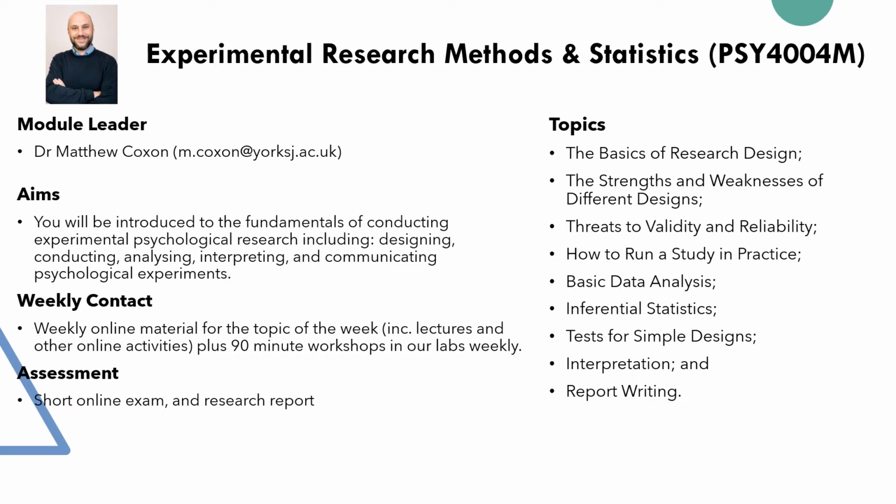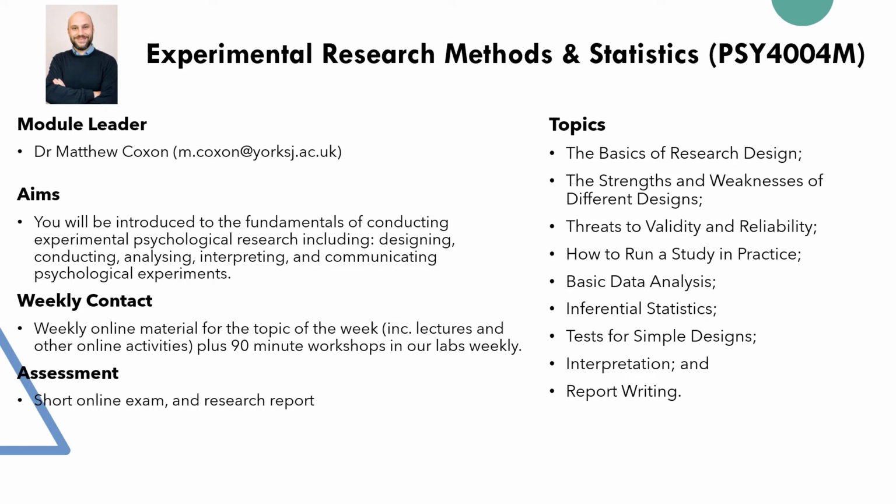As part of that journey, you need to learn how to think about the research that's being presented to you, and you'll have modules all the way through your degree for the first 2 years where we will look at different methods, and experimental methods is the main topic of this first module in your first semester. So in looking at research methods, we'll look at the basics of different experimental designs, particularly the strengths and weaknesses of those designs and how we might choose one over the other.